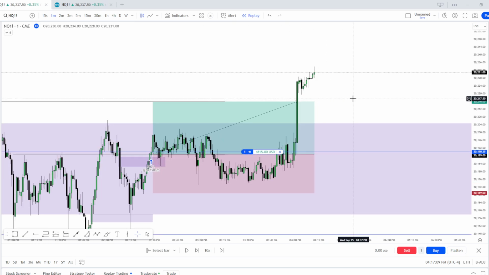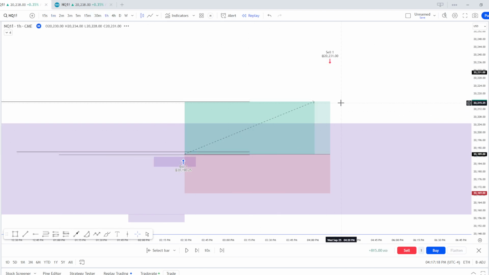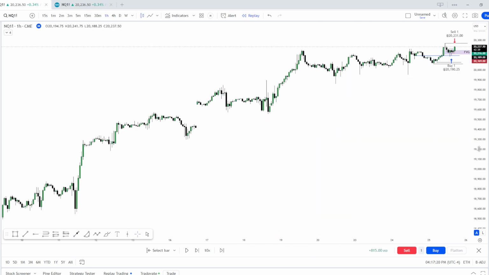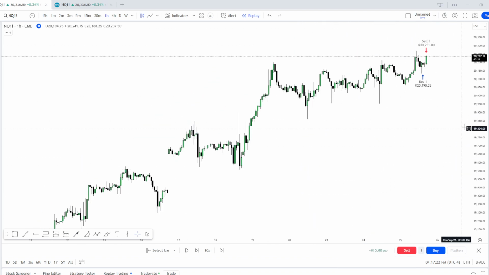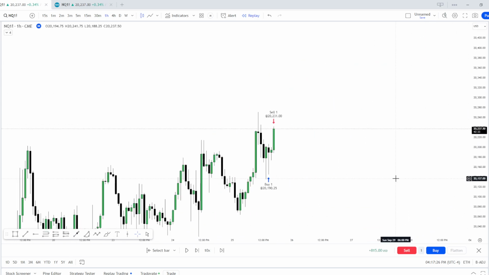So that's an example of how you can find the draw on liquidity, scaling from a higher time frame down to a lower time frame. It's not going to be the same every single day. I wouldn't even say that there is a mechanical way to frame a draw on liquidity, because you're kind of just taking what the market is giving you, taking what you see actively in time.